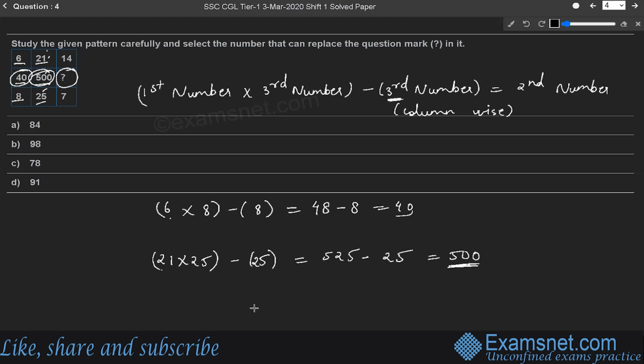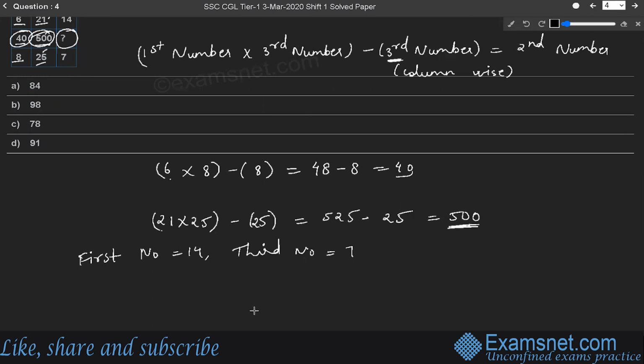So we have to apply the same concept for the third column. In the third column, first number is 14 and third number is 7. We have to find the second number. Applying the same concept, first number into third number, so 14 into 7 minus third number.